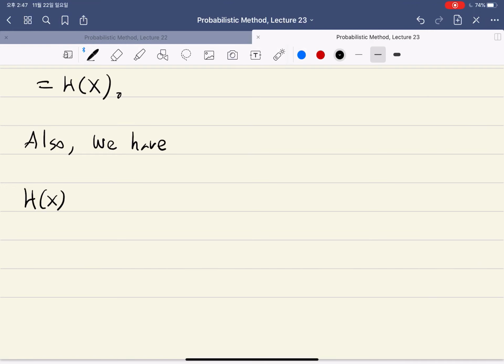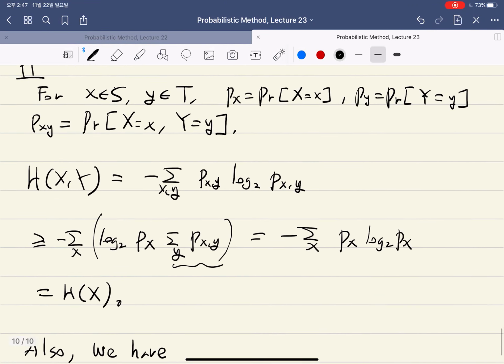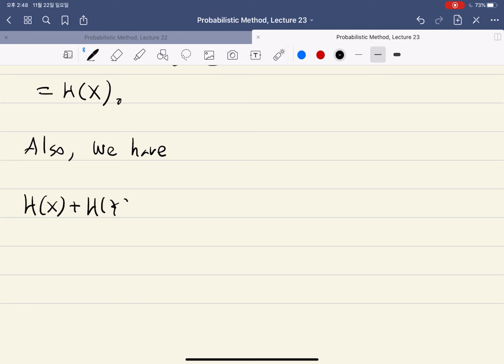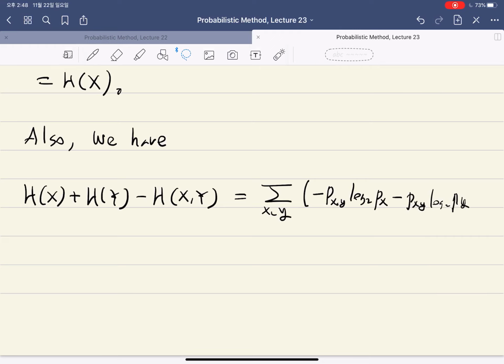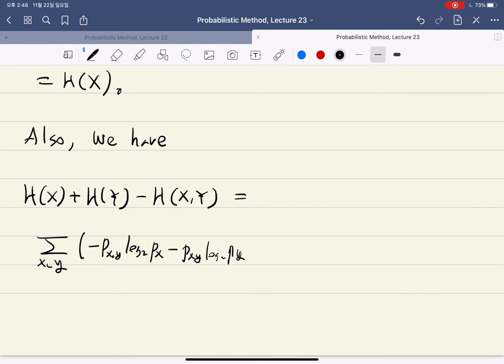Also, in order to show the second inequality, we measure this. So what's this? Again, using the definition, this is minus pxy log px minus pxy log py plus pxy log pxy.